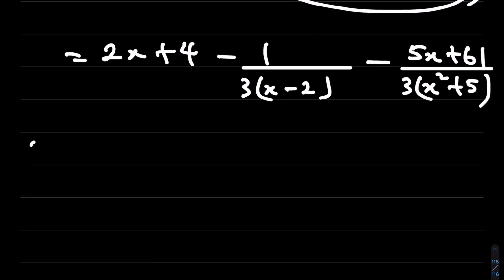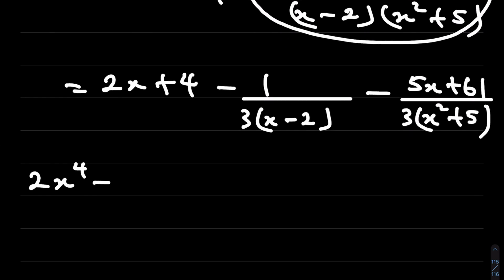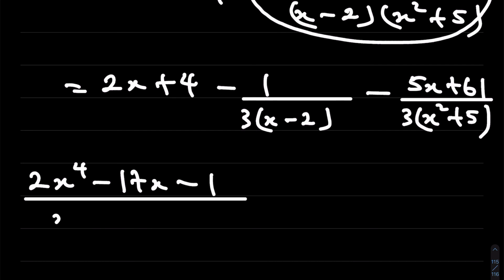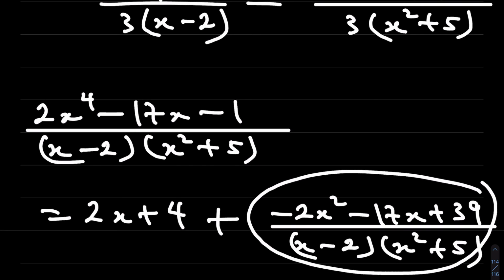So maybe I should just write that final step. 2x raised to the power 4 minus 17x minus 1 all over x minus 2 into bracket x squared plus 5. Yeah, that's correct.